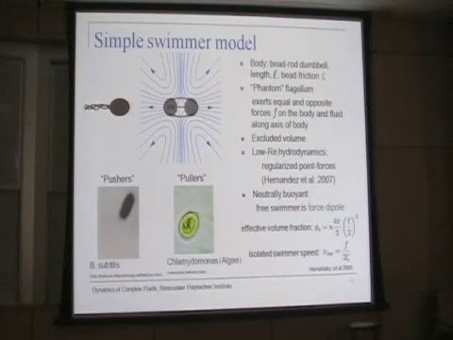So this is the simplest model that we use to do our simulations and our theory. I might just say a few words about this since it's a little different, but similar to what we've seen before. The simplest model is to take this organism, for example, E. coli or B. subtilis, and represent it by 2 beads connected by a rod.